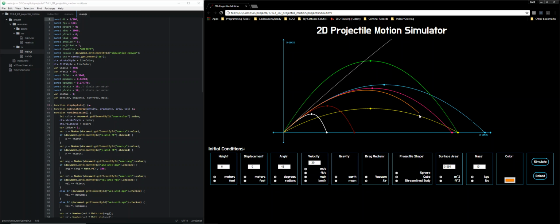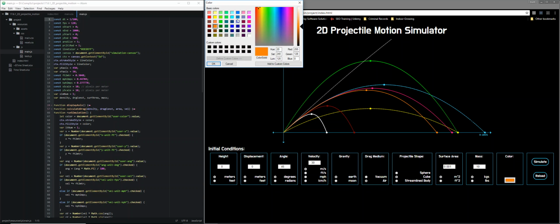So here we can go. We see it's not quite as good in terms of height and distance as our streamlined body, but let's see if we can make it even better. So by decreasing our surface area, we are effectively going to dramatically decrease the drag force, and we still have a very high mass, so we have a smaller drag force, and it's still being divided by a pretty big mass, relatively speaking.